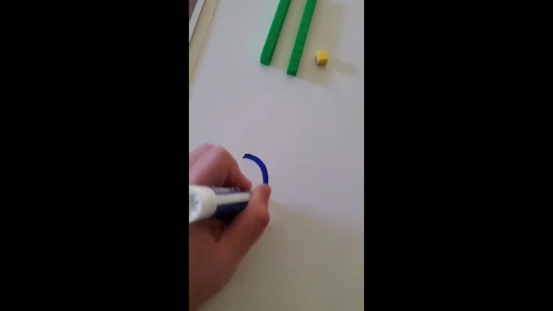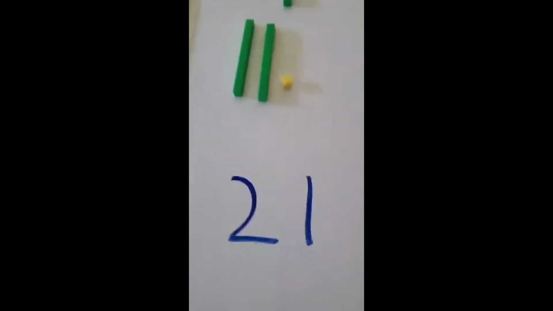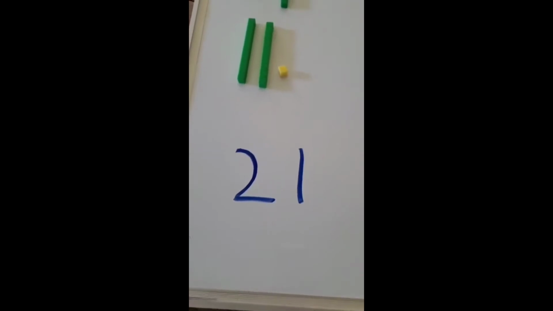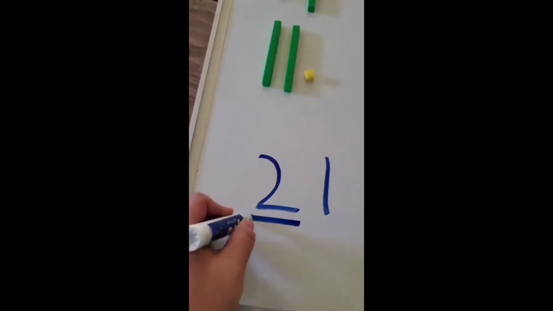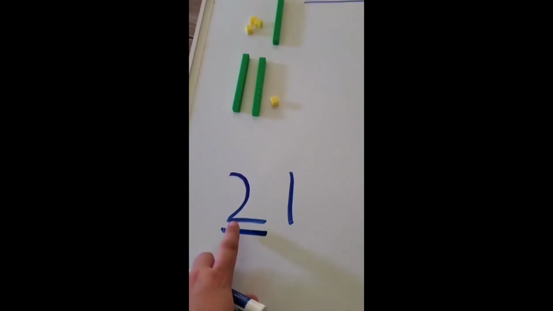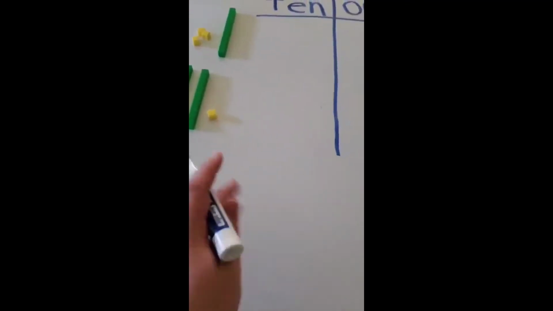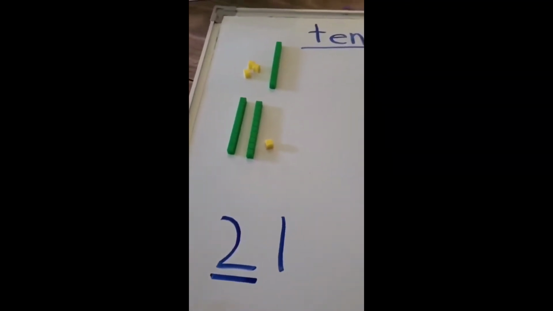I'm going to show you a number here, and I want you to tell me what number is in the tens place, okay? Here's the number. What number is in the tens place? You're right. 2 is in the tens place, and that represents 20, right?